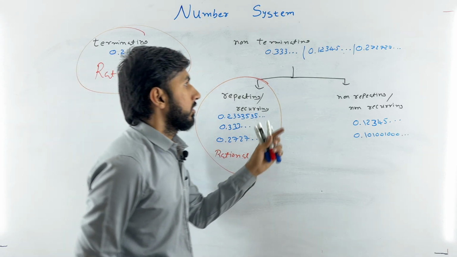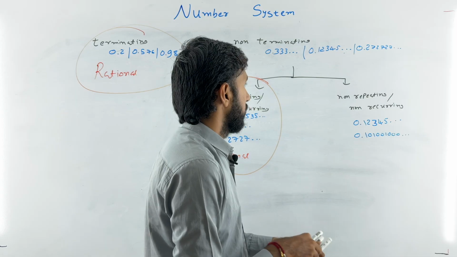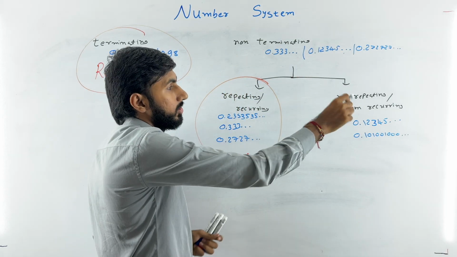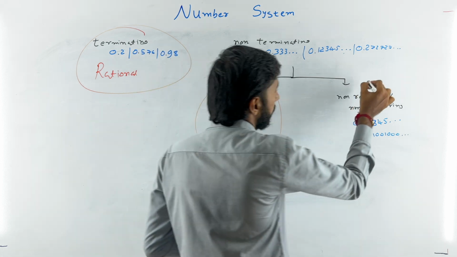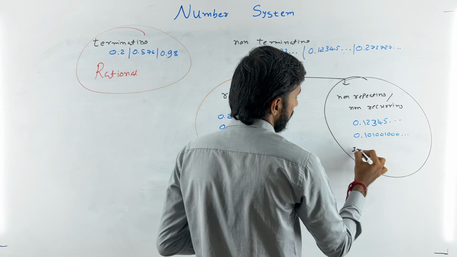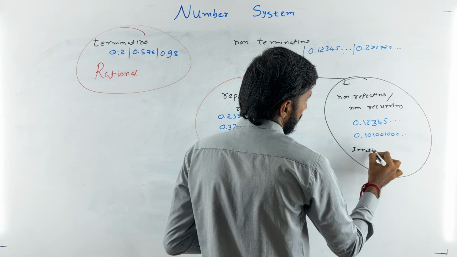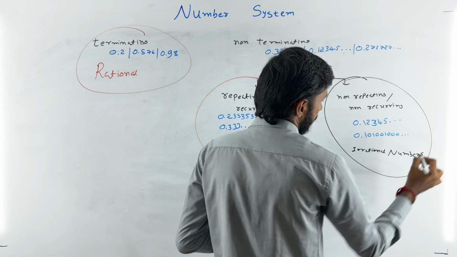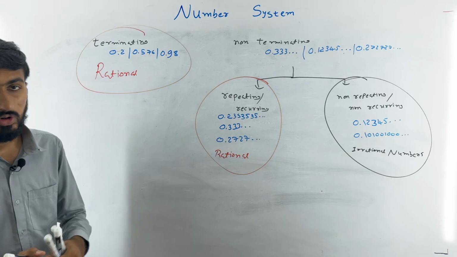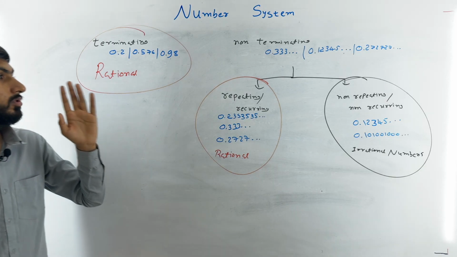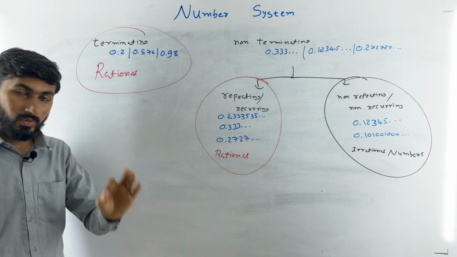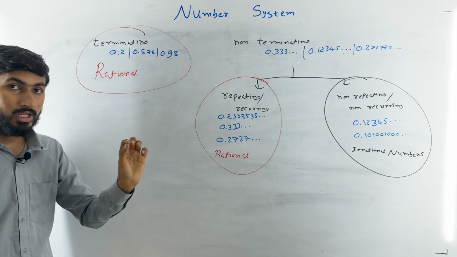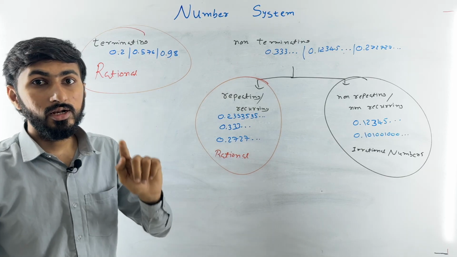Now if you find that the digits after the decimal point are non-recurring or non-repeating, that means this is an irrational number, right? So the decimal expansion of a rational number is either terminating or non-terminating and repeating.